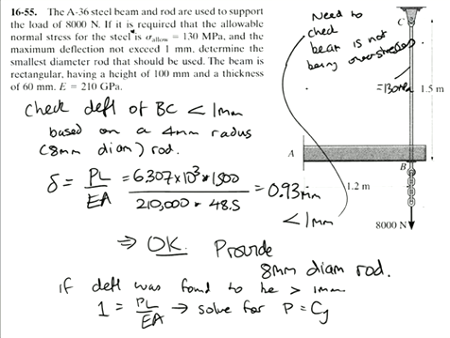So how do we do that? From our bending moment diagram, of that 8 kilonewtons, we know that 6.3 is being carried by the rod, and so therefore we have 1.7 kilonewton being carried by the beam.